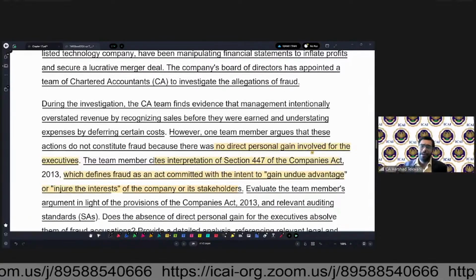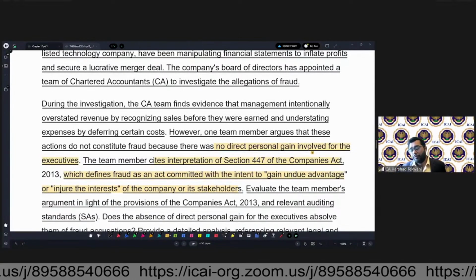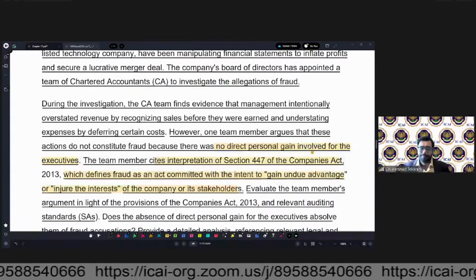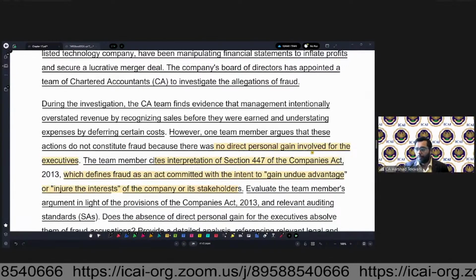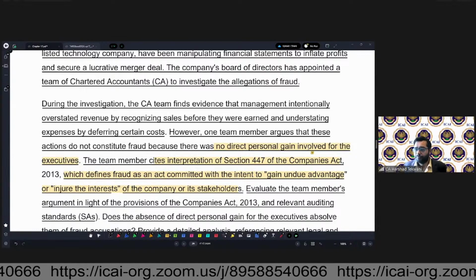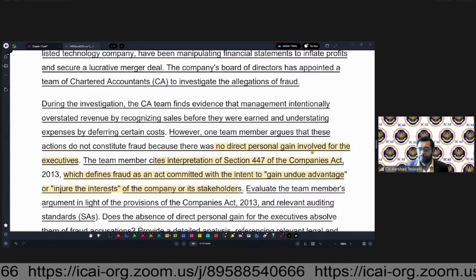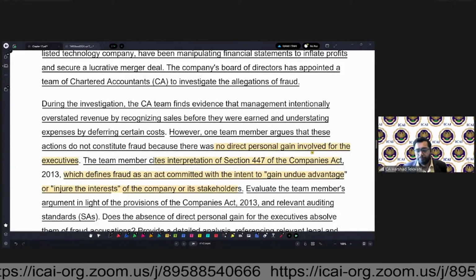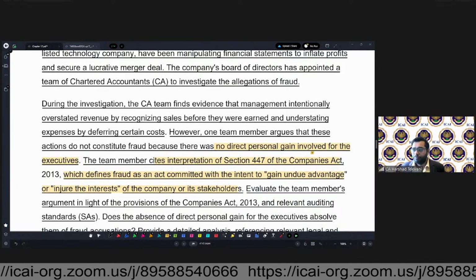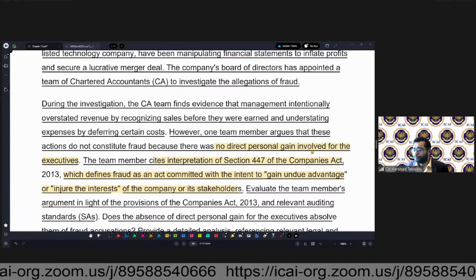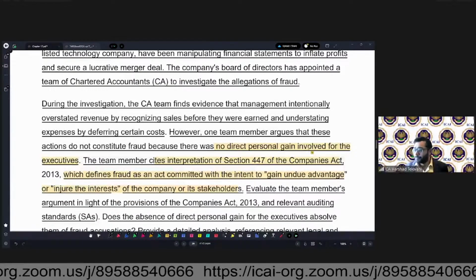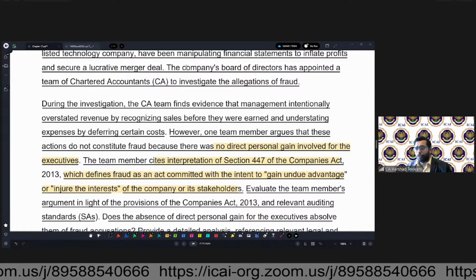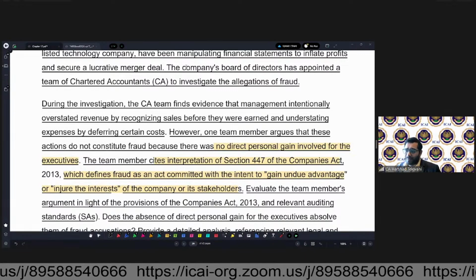Is this interpretation in line with Section 447? Is Section 447 saying the same? Come on, quickly, guys. Very crucial and important part that we need to understand.